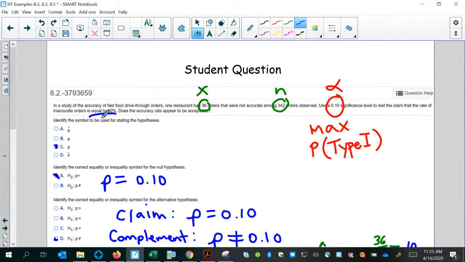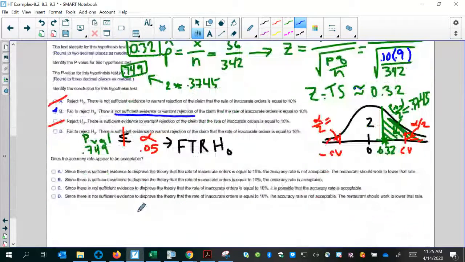Okay, so that means that the owner of the restaurant is claiming that the rate of inaccurate orders is only 10%. And we were unable to reject that claim. So since we failed to reject that claim, then I guess we'll say it appears to be acceptable.